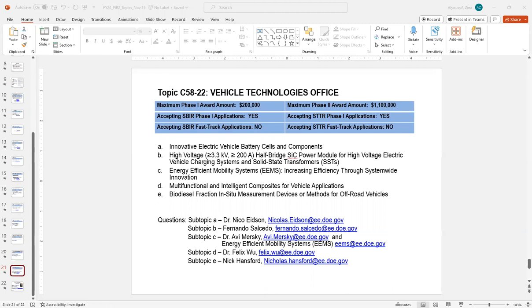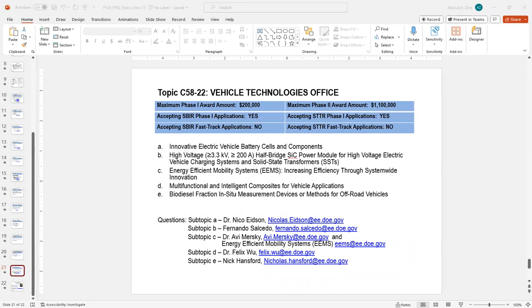This topic intends to also find innovative, low-cost, efficient, and power-dense solutions to improve availability of wide bandgap, high-voltage power modules for utilization in high-power EV charging, whether that be DC fast charging, extreme fast charging, megawatt charging, as well as grid-tied solid-state transformers. For this subtopic, we're interested in wide bandgap power semiconductor technology, specifically silicon carbide, and half-bridge configurations for use in high-voltage, high-power applications, more of the details of which are provided in the full subtopic release.